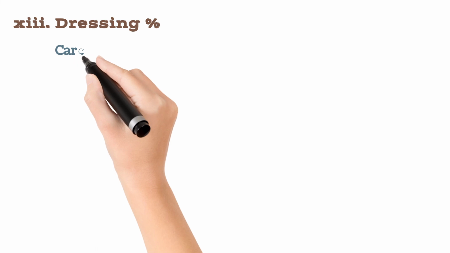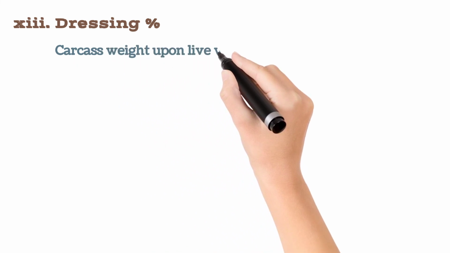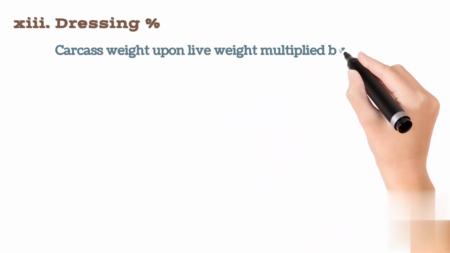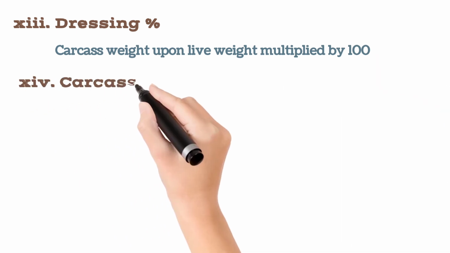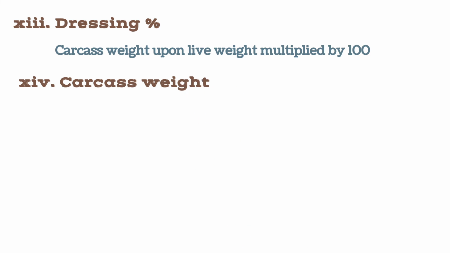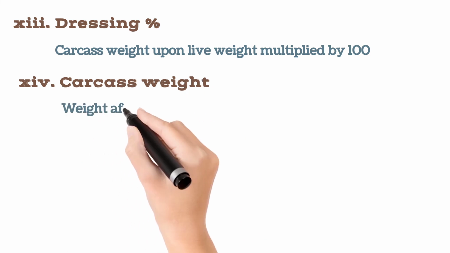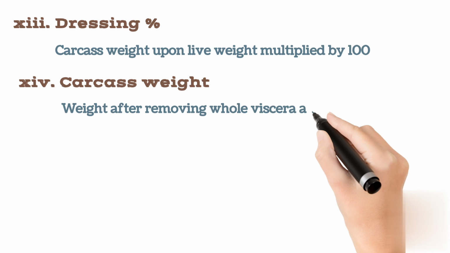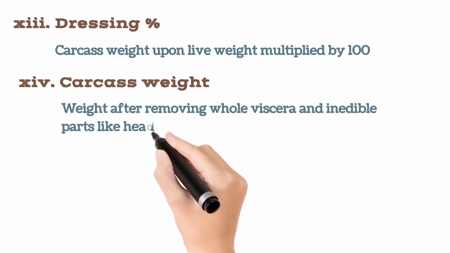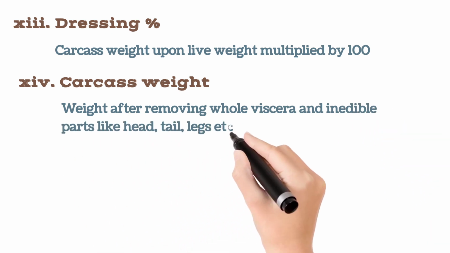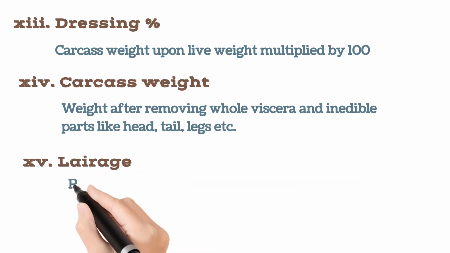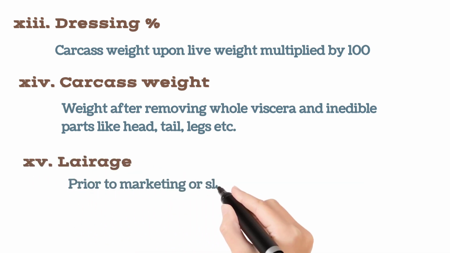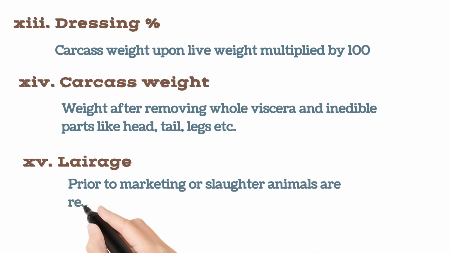Another term usually used in the meat industry is dressing percentage. It is carcass weight divided by live weight multiplied by 100. What is carcass weight? It is the weight obtained after removing the whole viscera and inedible parts like head, tail, legs, etc.